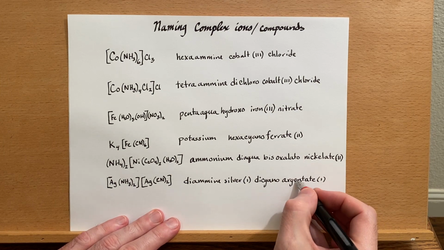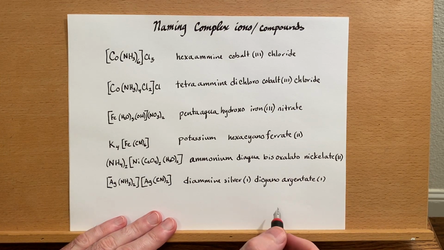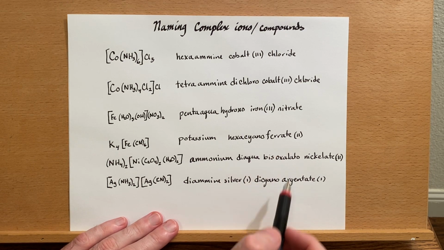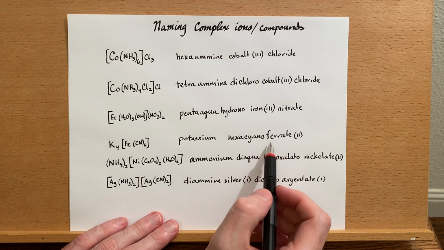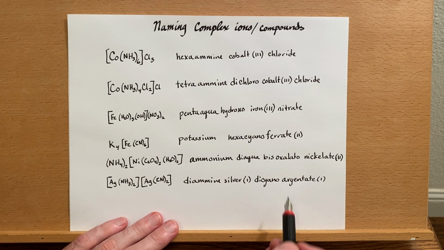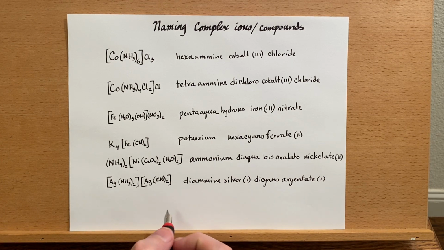So, argentate. And now you may know where the iron name comes from, or the symbol, Fe, and you may also now notice where Ag for silver comes from. Argentate. So, that's just a little bit about naming complexes.